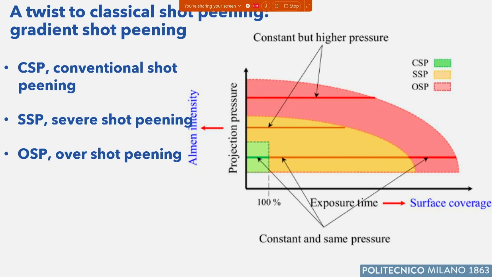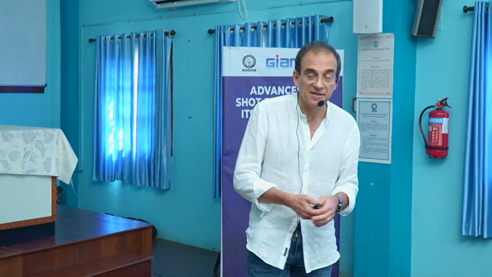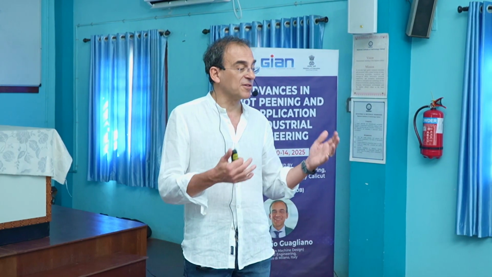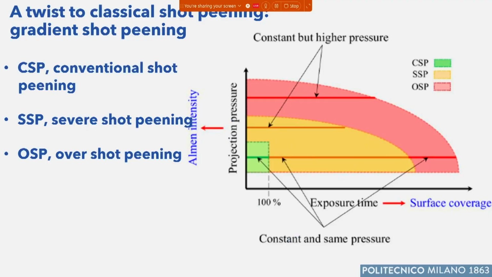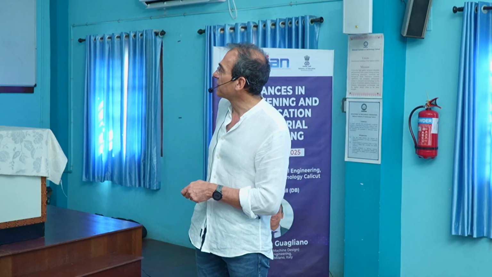Okay? And what is the problem? The problem is that the severe shot peening region is also not unlimited. If we exaggerate, either with the time or with the Almen intensity, we will go into the overpeening zone. The red one here defines the zone of the treatment, the values of the coverage and the Almen intensity that are causing surface damage.